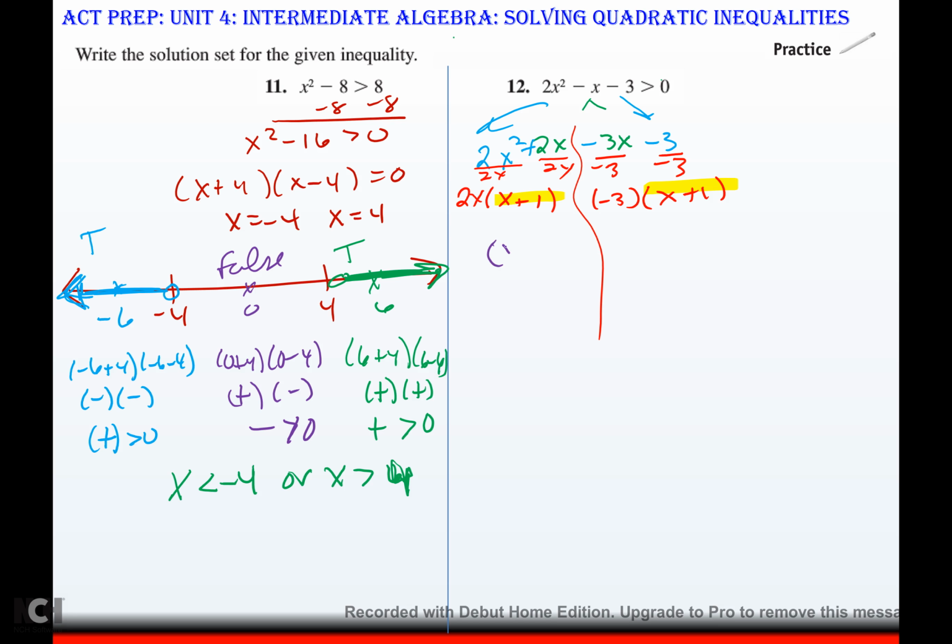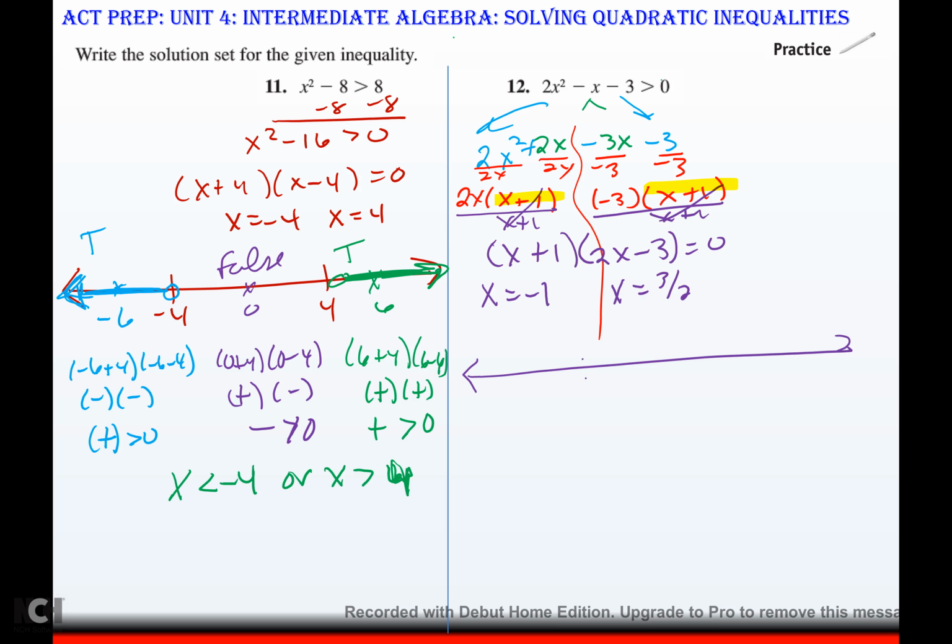So my GCF again is x plus 1, which after I divide by that, leaves 2x minus 3. That gives me x equals negative 1 and x equals 3 halves. So on my number line, negative 1, 3 halves, we test.